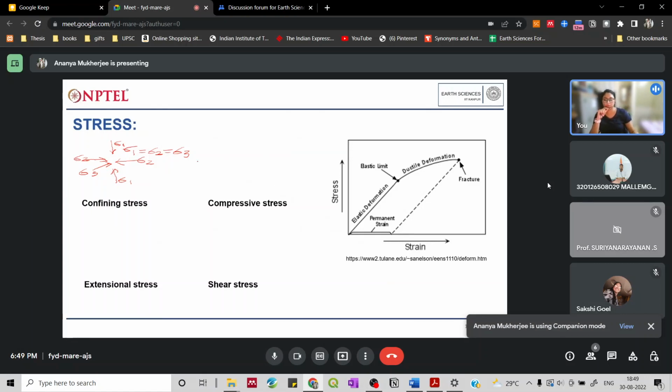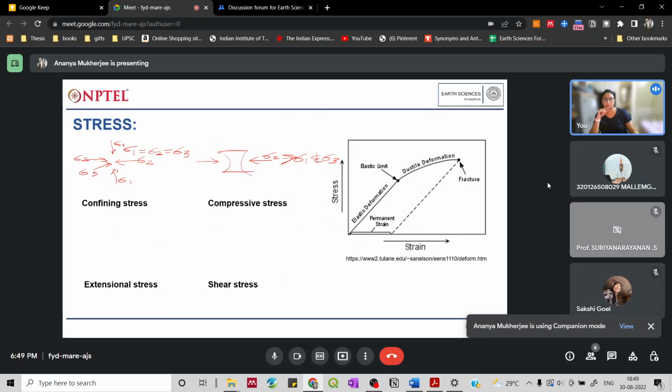Now suppose your sigma 2 is, sorry, not equal, it is greater. So your sigma 2 is greater than sigma 1 and sigma 3. If there is a rock block, it will get compressed.